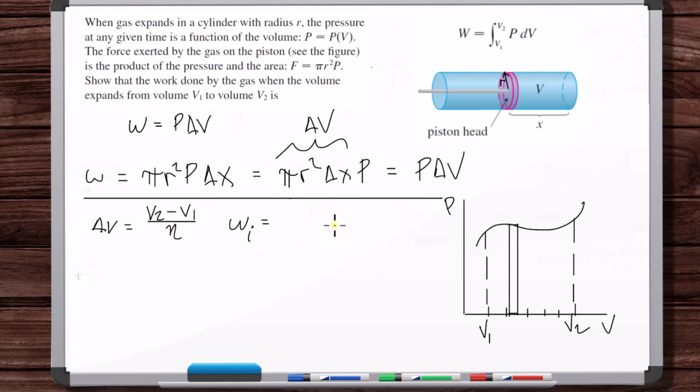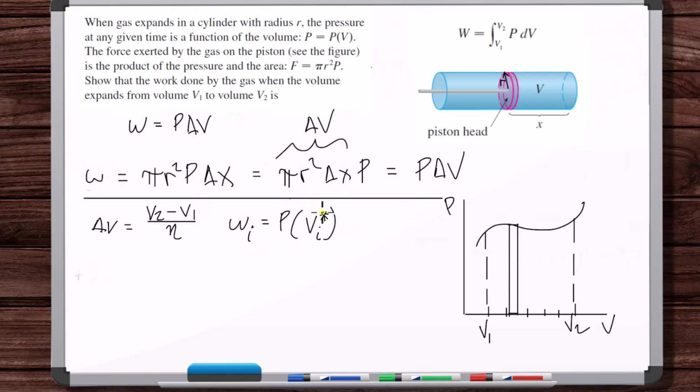the work done for the ith interval is the P, which is what? It's the P evaluated at Vi star. This pressure is a function of volume. The star means we can choose any point we want within the rectangle, within the interval.